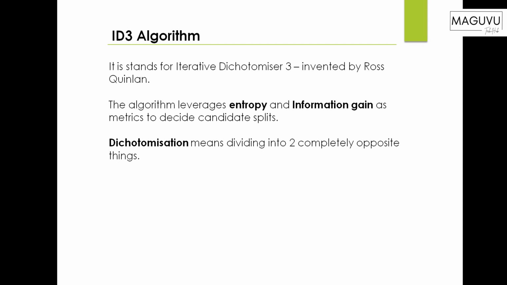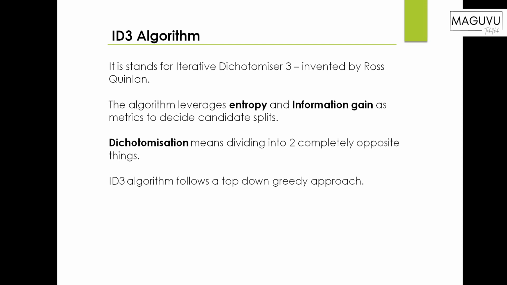Dichotomization means dividing into two completely opposite things. So when we are talking about ID3, we are talking about an iterative process whereby we are dividing by two to come up with unique or opposite items.